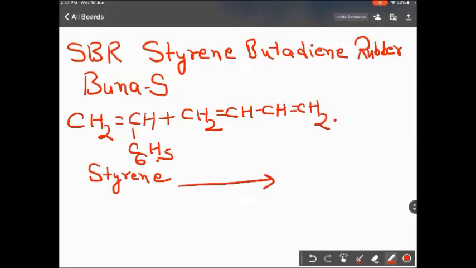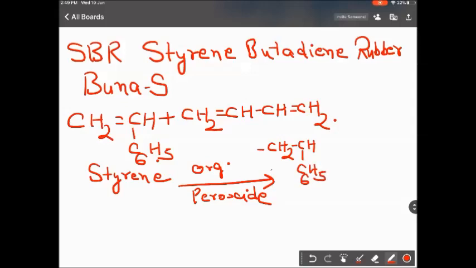Now, in the presence of organic peroxide, we can think that the double bond shifts, it will combine with this carbon, this double bond shifts here, and this double bond will combine with another molecule, CH2CH C6H5.